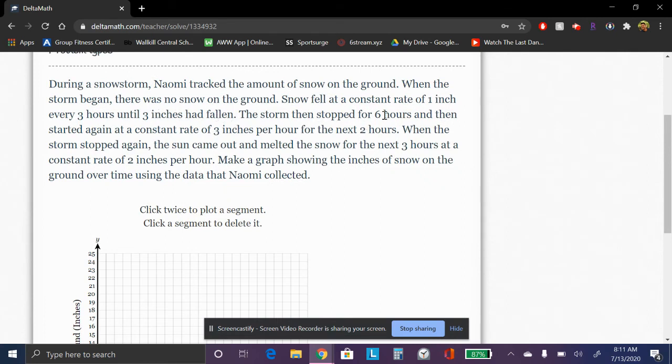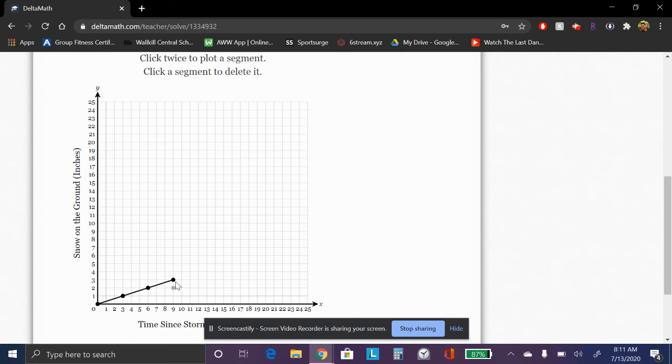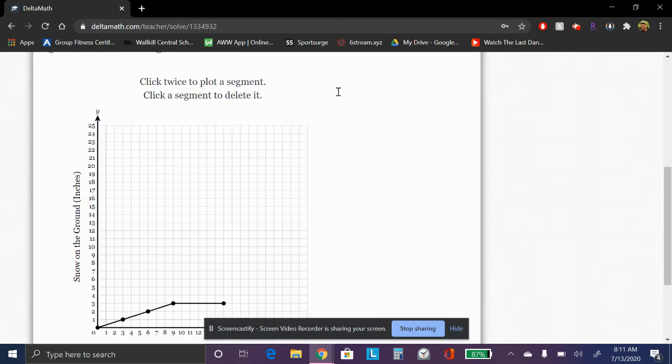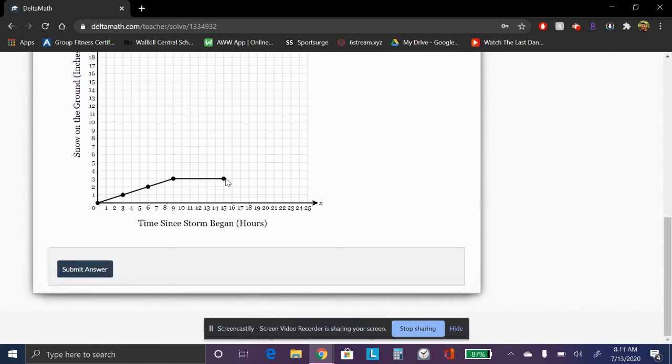The storm then stopped for 6 hours. 1, 2, 3, 4, 5, 6. And then started again at a constant rate of 3 inches per hour for the next 2 hours. So that's 1 hour. And now we got to do this again for 2 hours.